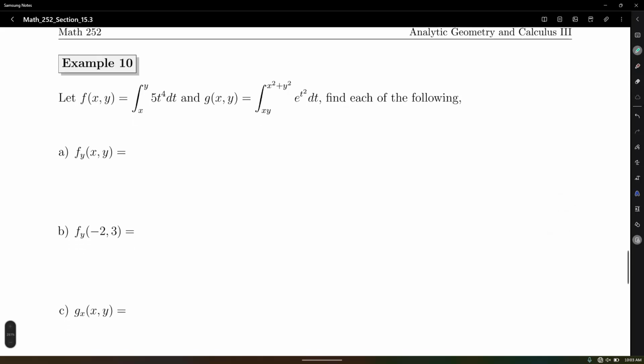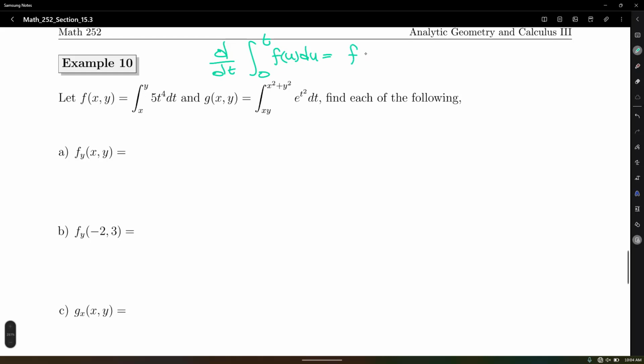So I already prepared you in a way for this application of the second fundamental theorem with the take-home quiz you submitted yesterday for the arc length. In that situation, you had the derivative with respect to t from 0 to t of f of u du.